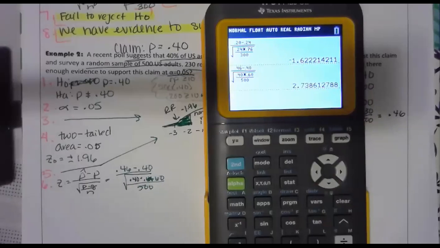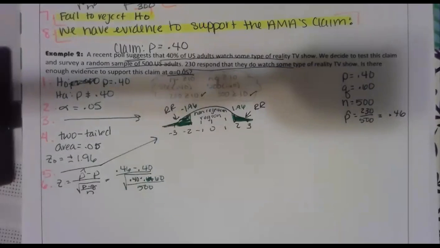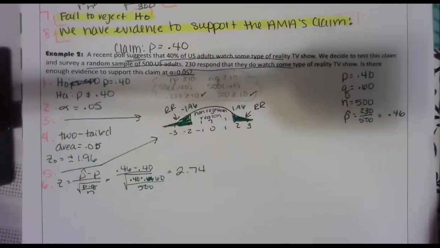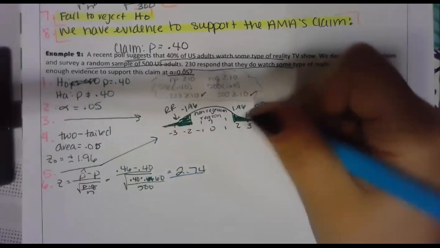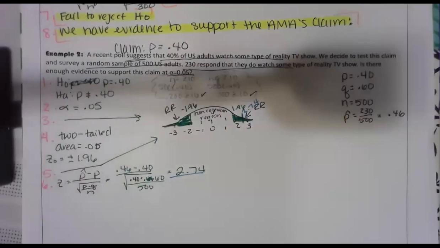Enter, that's going to give you 2.74. So I'm going to take my blue marker, and 2.74 is actually going to be right in here.